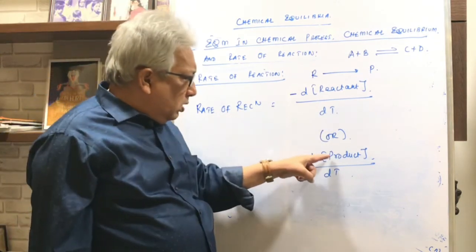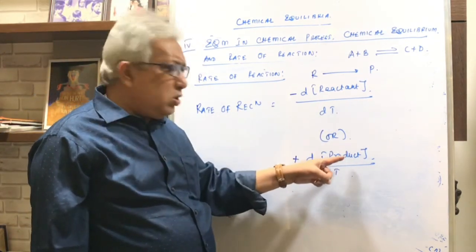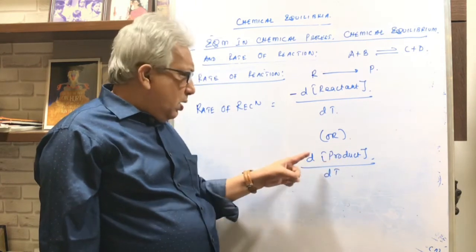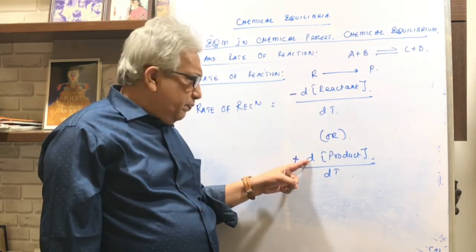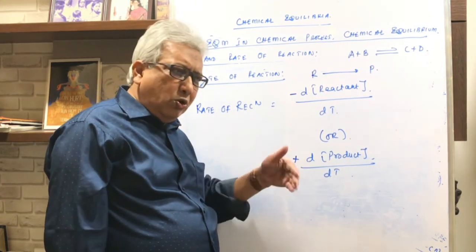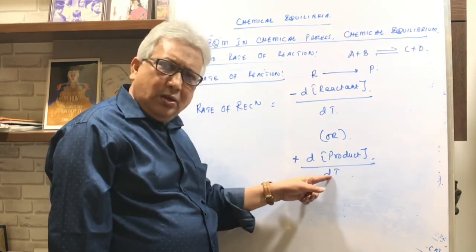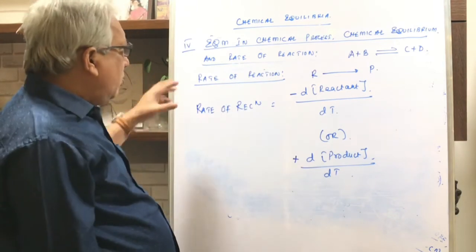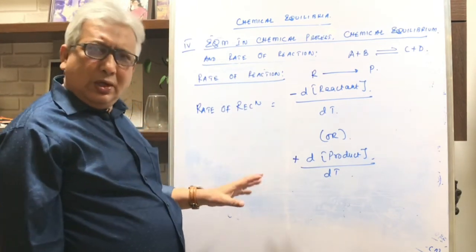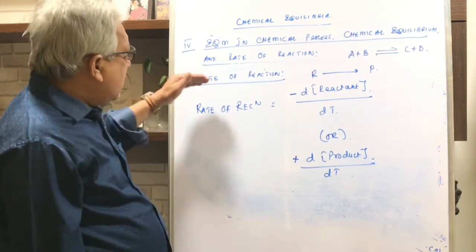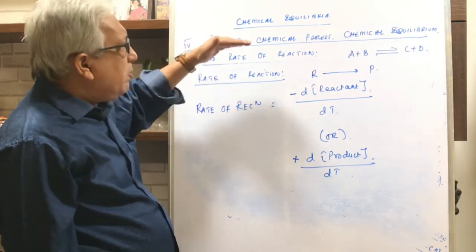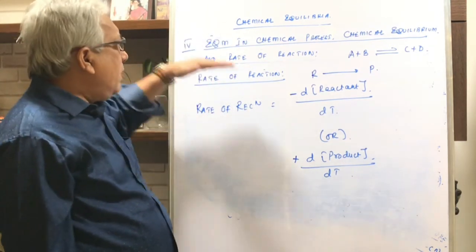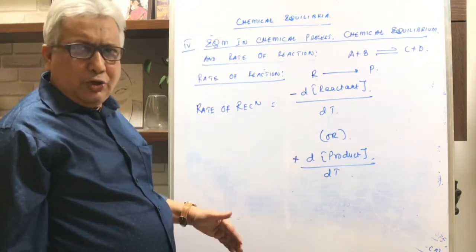Similarly over here, the product within the third bracket indicates concentration of product, d indicates the change, the plus sign indicates that it is going on increasing, and dt is the small time interval. This is what is about the rate of reaction. Is it okay, children? So that is all about the equilibrium in chemical process, chemical equilibrium, and rate of reaction.